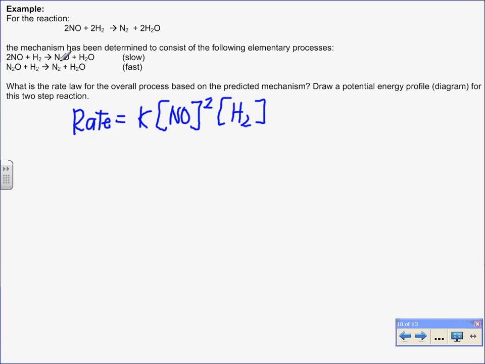Okay, so you can see the connection between the stoichiometry of the slow step of the mechanism and the rate law, which is not the same as the stoichiometry in the overall reaction. So it's really important to distinguish between the two. The rate law is connected to the slow step of the mechanism.